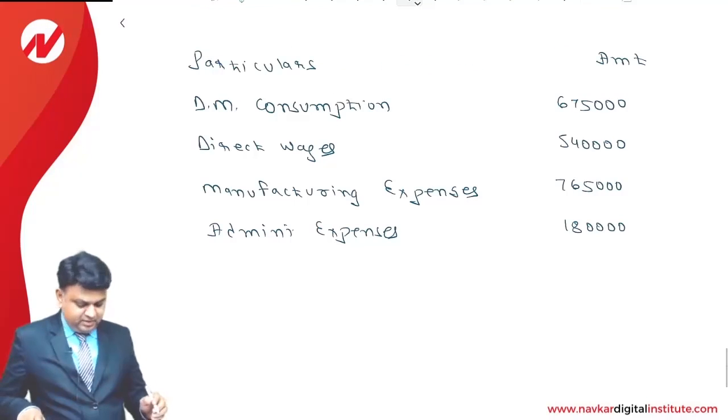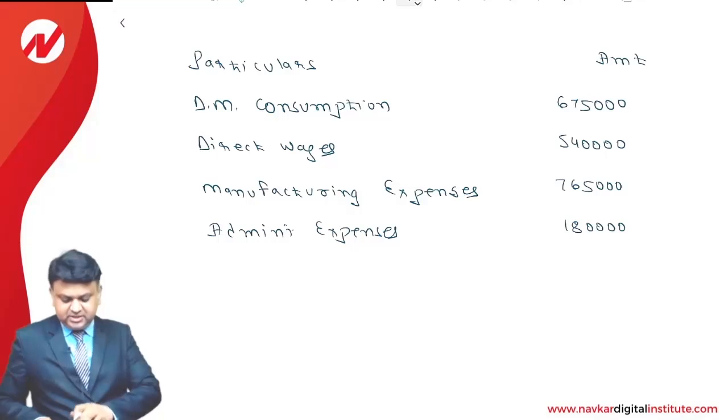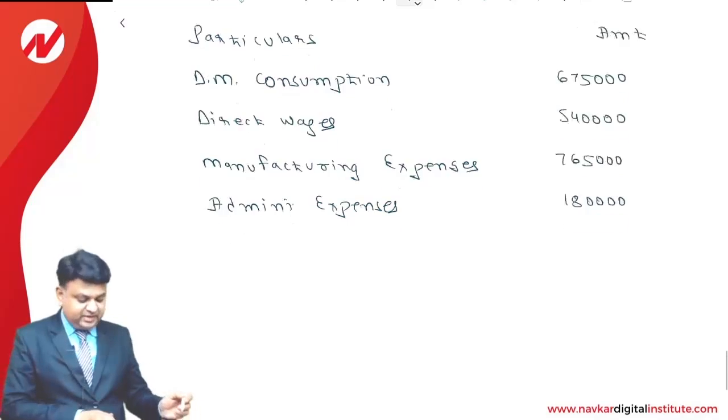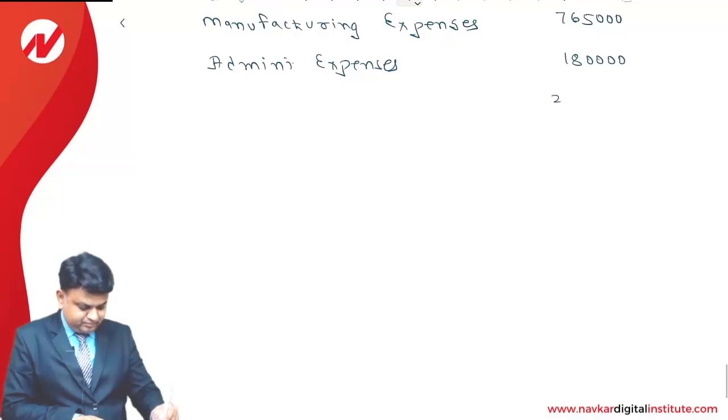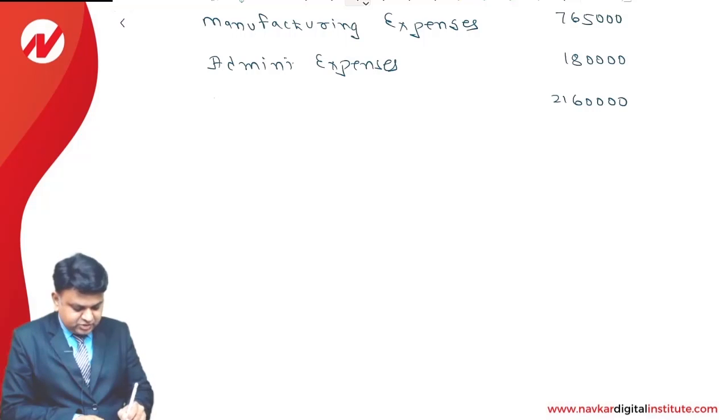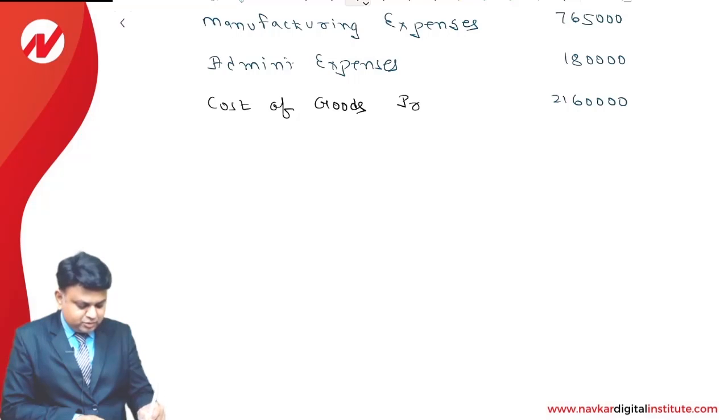So the cost of goods produced is 6,75,000 plus 5,40,000 plus 7,65,000 plus 1,80,000. That is 21,60,000. So this is the cost of goods produced.